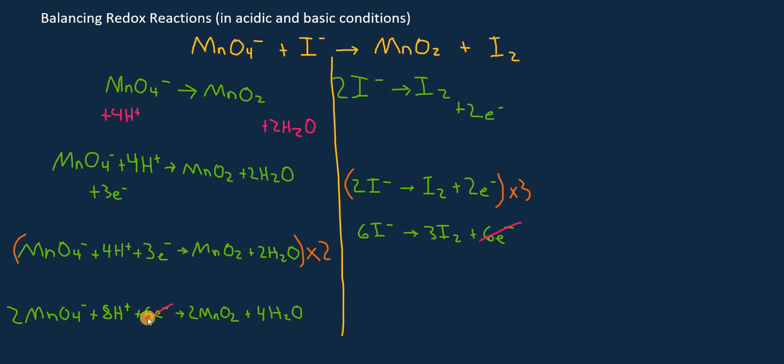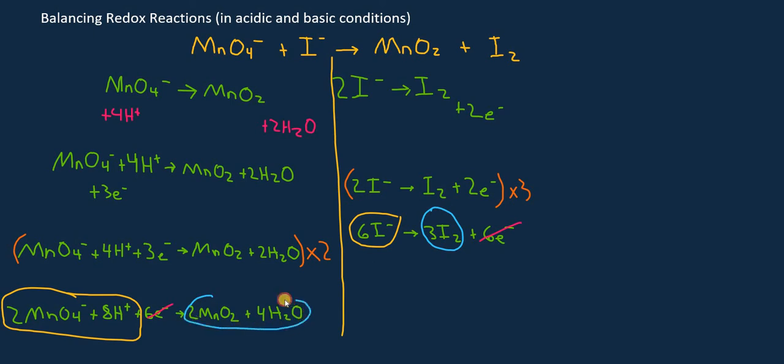So now what you're going to do is combine the reactions based on which side of the arrow your compounds are on. So you'll combine the 6I- with everything over here on the left side of the arrow, and you'll combine the 3I- with everything on the right side of the arrow. So you'll combine them together in one big reaction.